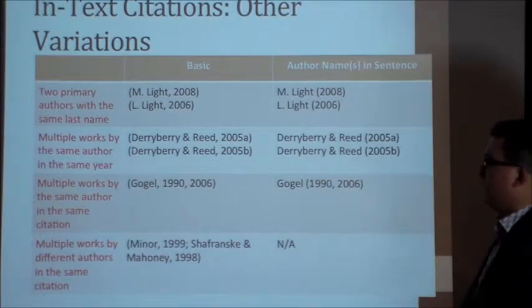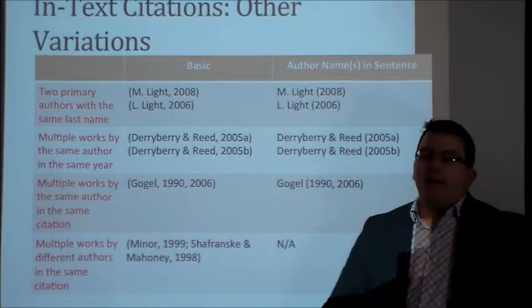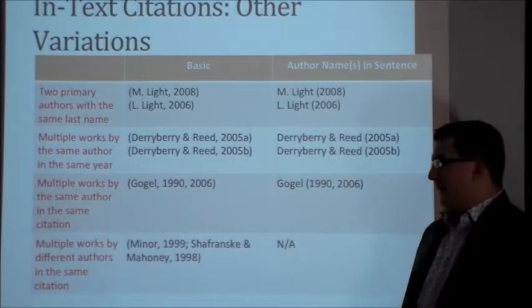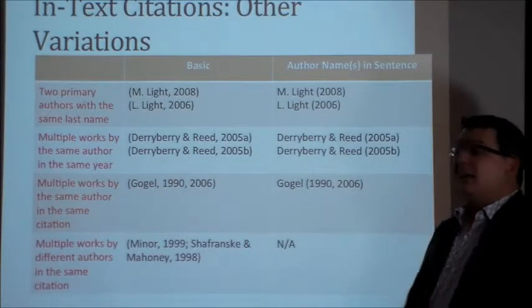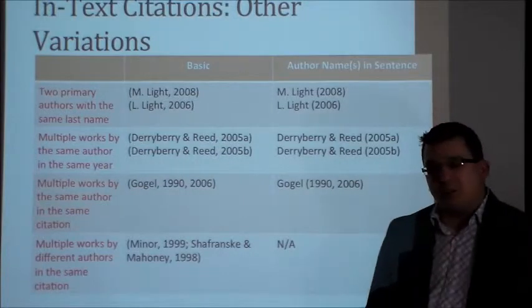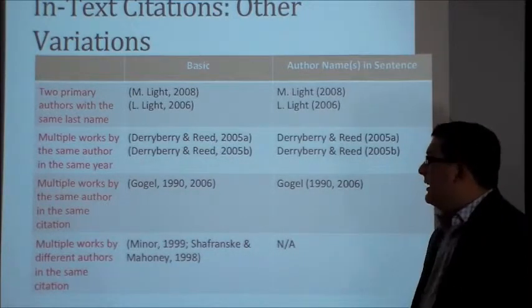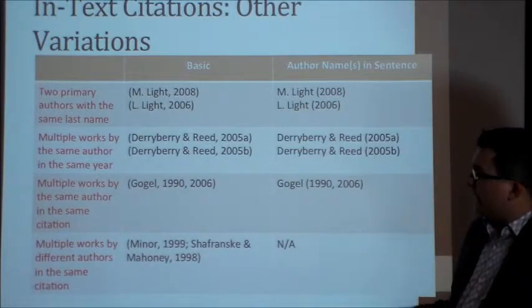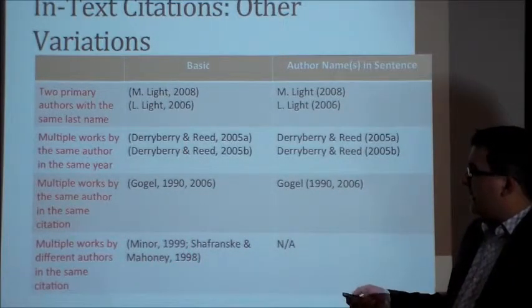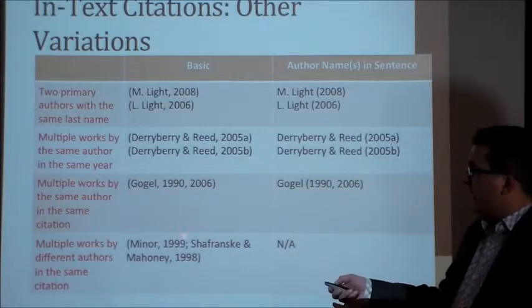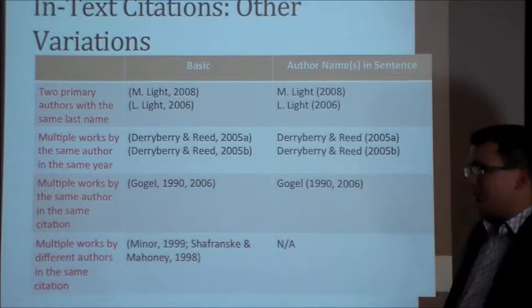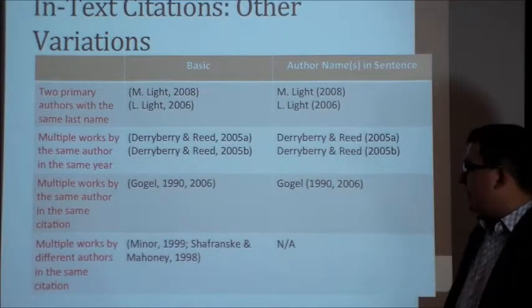Multiple works by different authors in the same citation. I've never used this one before. It's kind of a rare one. You may use it, so I put it in here. It's one of those you've got to thumb through the APA manual for quite some time to find. But here it is. You've got your Minor, 1999. You have your semicolon there, and you've got the other authors here with the year. So it's basically smushing them both together.